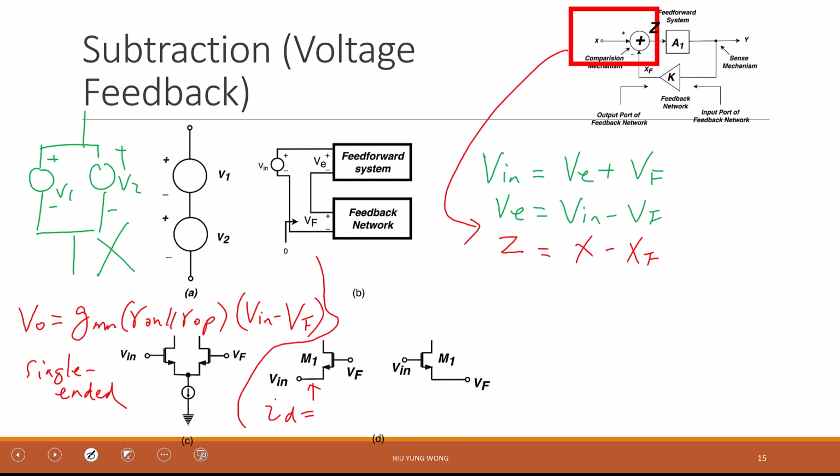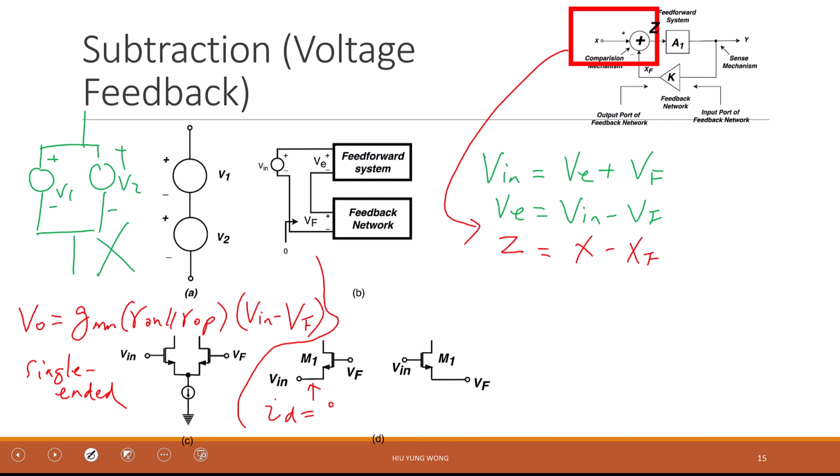What is the magic term? What do you call that? Yeah, you said that already. Just tell me it is GM. Yeah, you're right, GM. Transconductance.